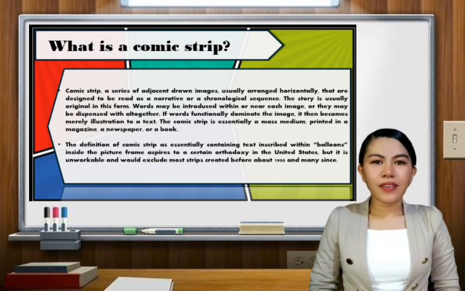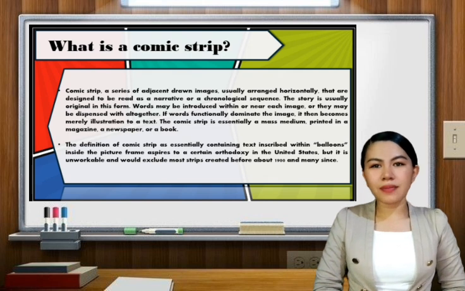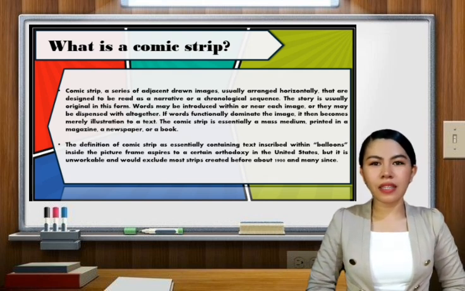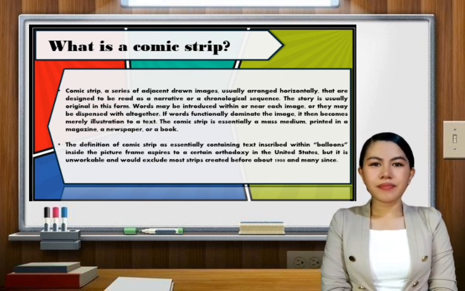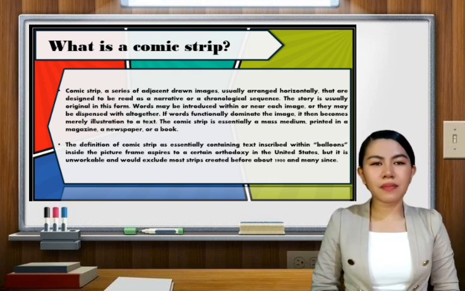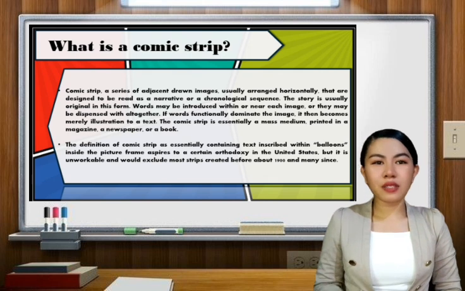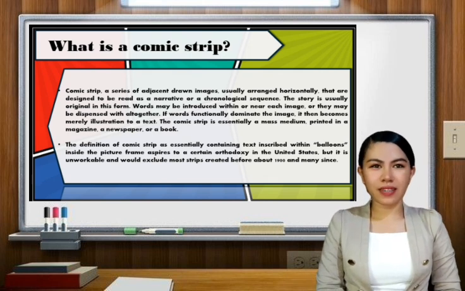If words functionally dominate the image, it then becomes merely illustration to a text. The comic strip is essentially a mass medium printed in a magazine, a newspaper, or a book.